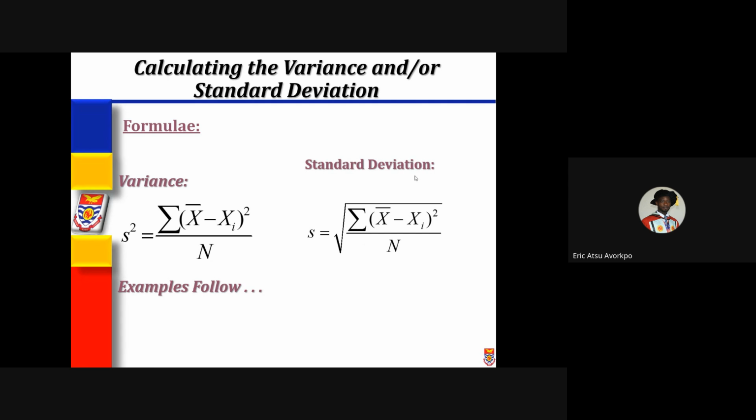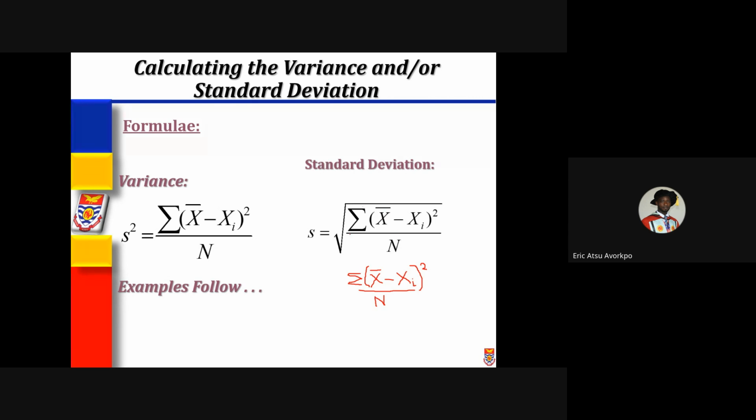Let me try and write it. You see that the sum of (X bar minus Xi) all divided by n, squared, is the variance, right?